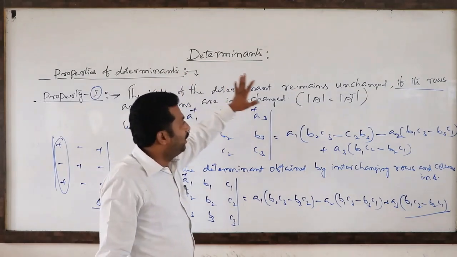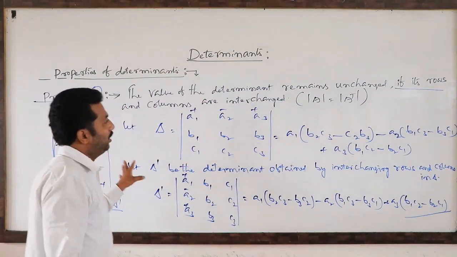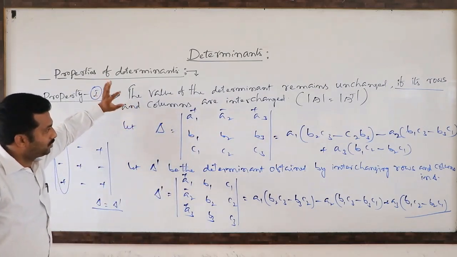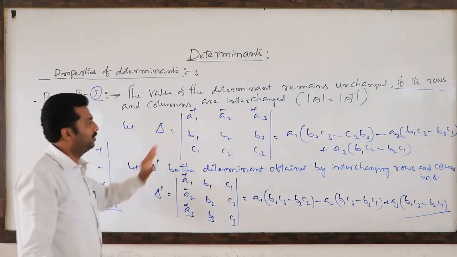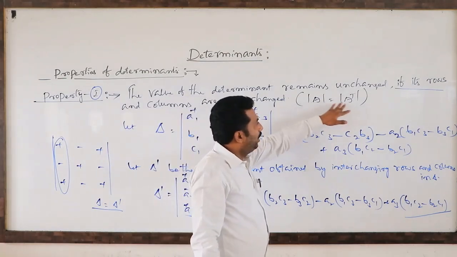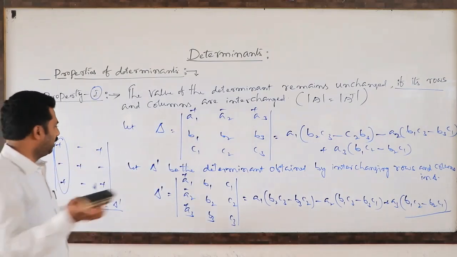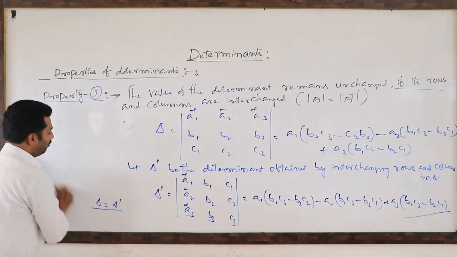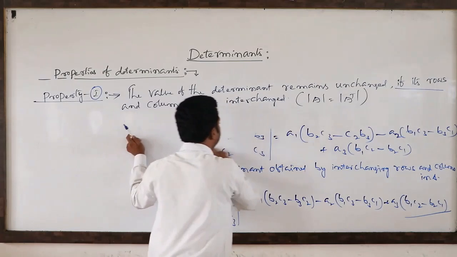The value of the determinant remains unchanged when its rows and columns are interchanged. So indirectly, determinant of A equals determinant of A dash. Here, sometimes based on this application, they will ask a one mark question. How will they ask the 1 mark question? See.